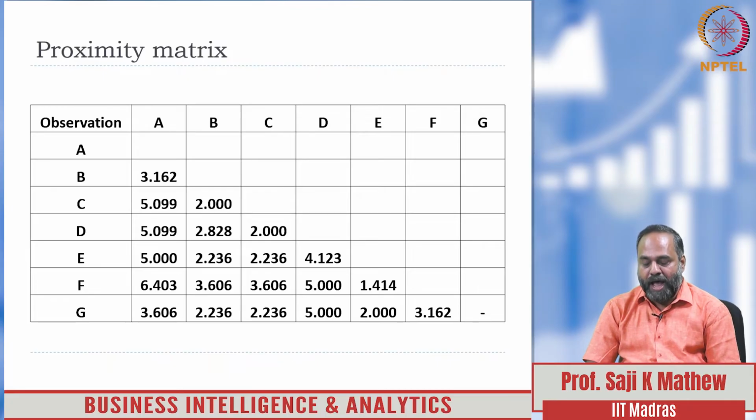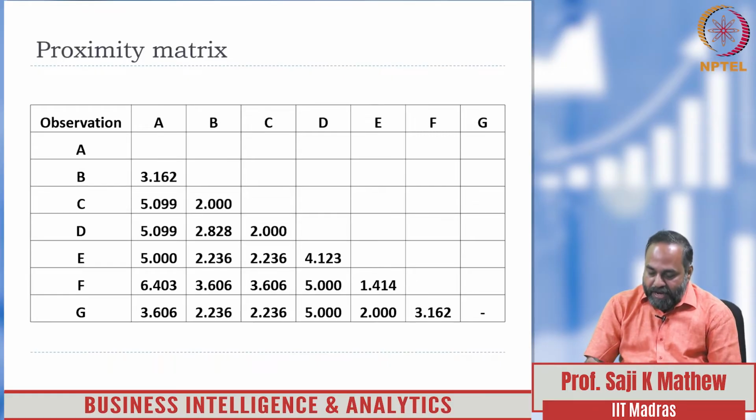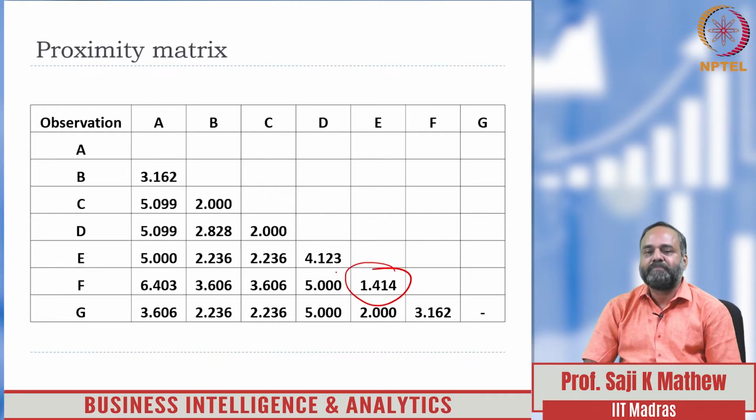Now, looking at this table visually, which pair of objects has the highest similarity? E and F, right?